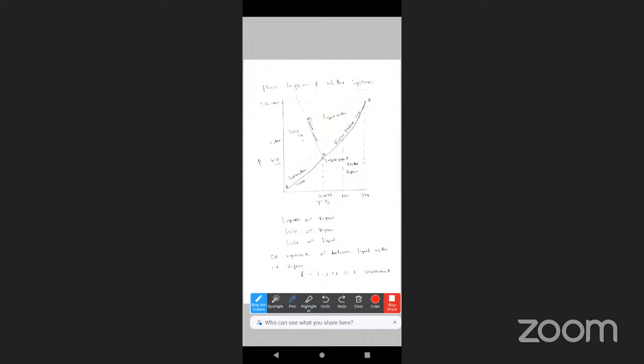Suppose solid and liquid, and liquid and vapor are in equilibrium. Either solid and vapor may be in equilibrium, isn't it? Liquid-vapor, solid-vapor, and solid-liquid. Now, is it clearly visible?